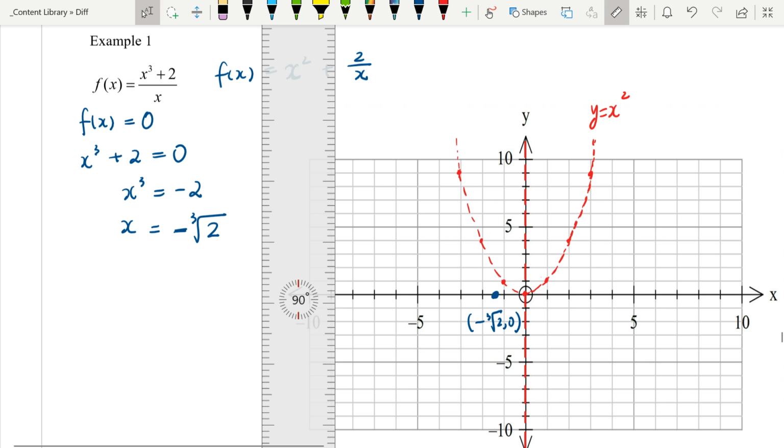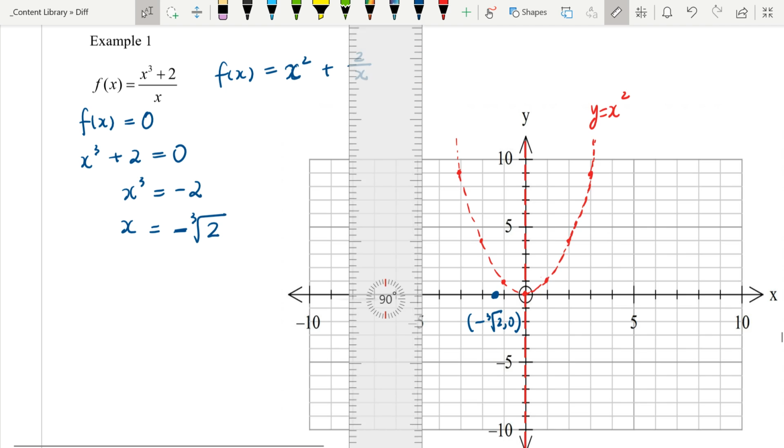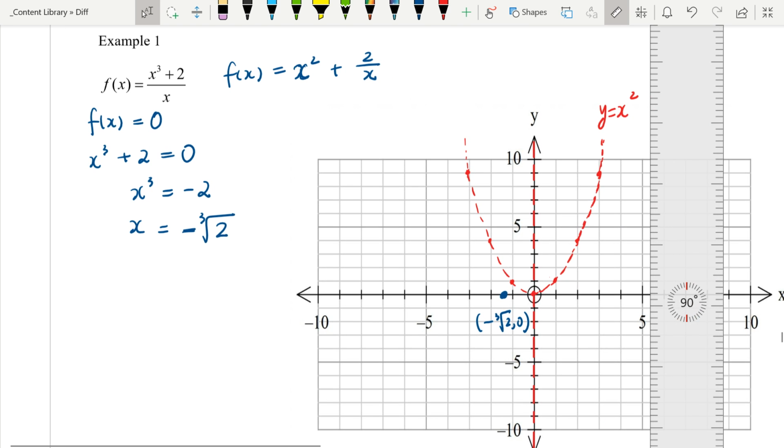Okay, what's the next step we need to do? After we find the x-intercept and the y-intercept, and after we find the asymptotes, what's next? The turning point. To find the turning point, we need f dash x. I may use the simplified one. That's 2x minus 2 over x squared, which is x to the power of minus 1, so minus 2 times x to the power of minus 2.